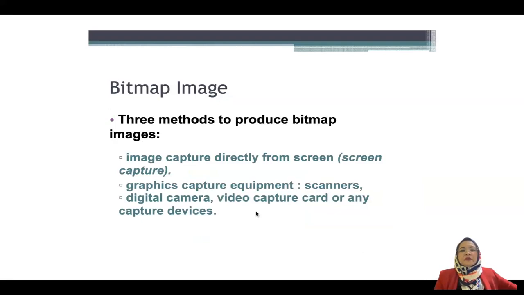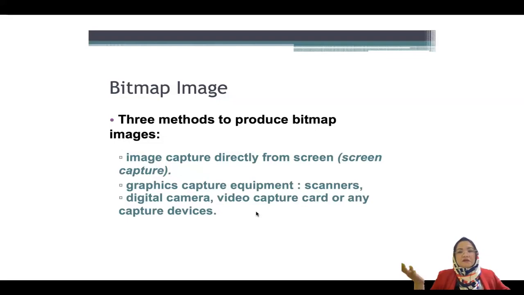So there are three methods to produce bitmap images. You can capture directly from the screen on your computer, or you can take a photo from your camera, your phone camera, and then you can use other graphic equipment like scanners.